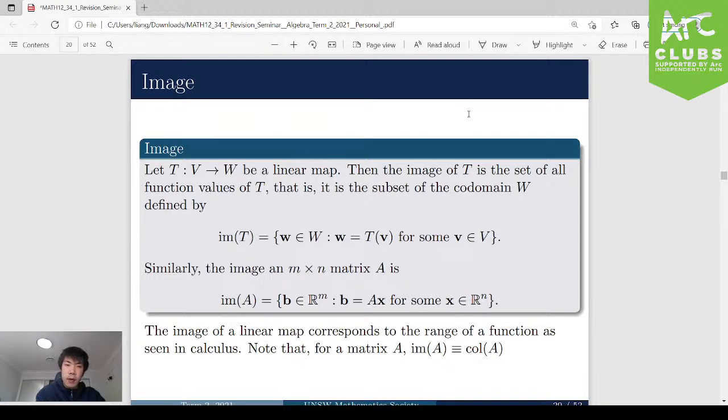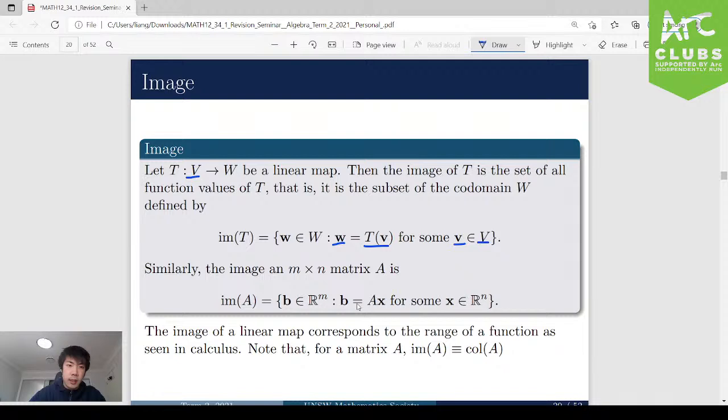So if you have a look at the definition here, the image of T is any element lowercase w in the codomain uppercase W, where this w can be obtained by just plugging in some vector v from uppercase V. So it's just saying w is any possible vector you can obtain from T of v, where v is just some vector in your domain, capital V. It's just any function value you can obtain.